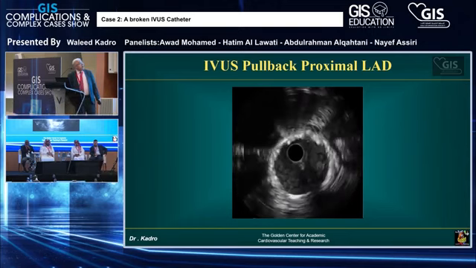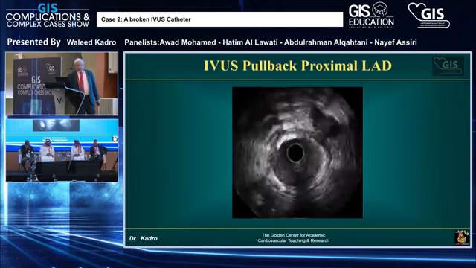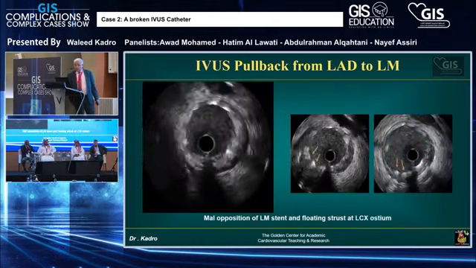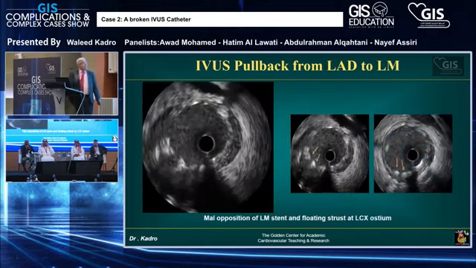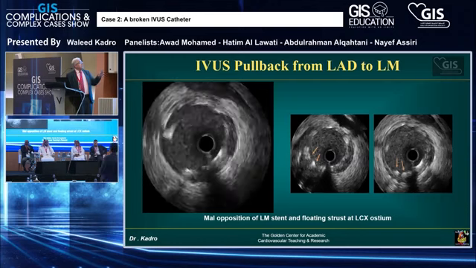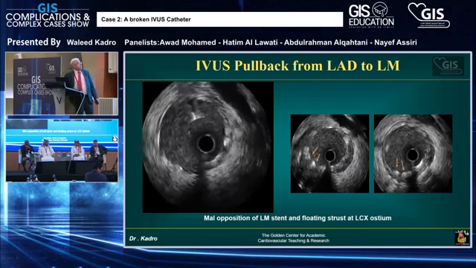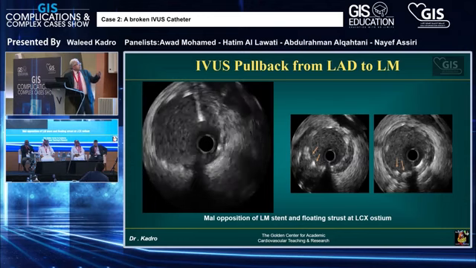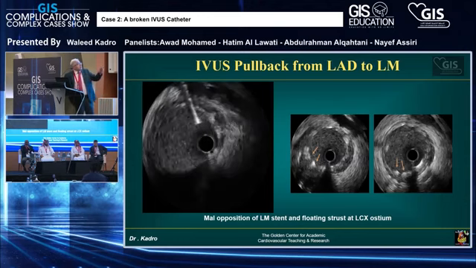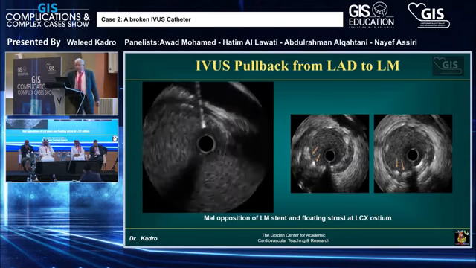In this pullback from the LAD to the left main, you see the stent is not well apposed in the left main, and there is stent deformity in some part of the left main.